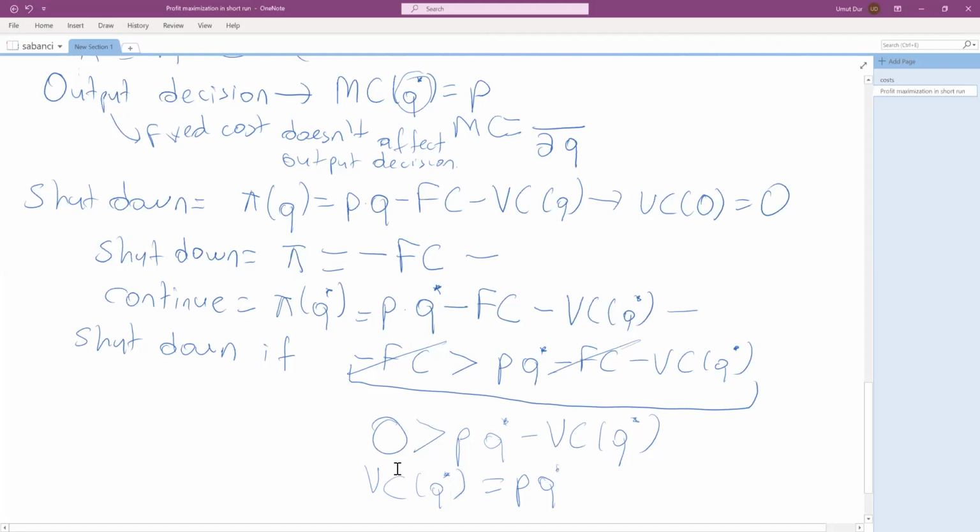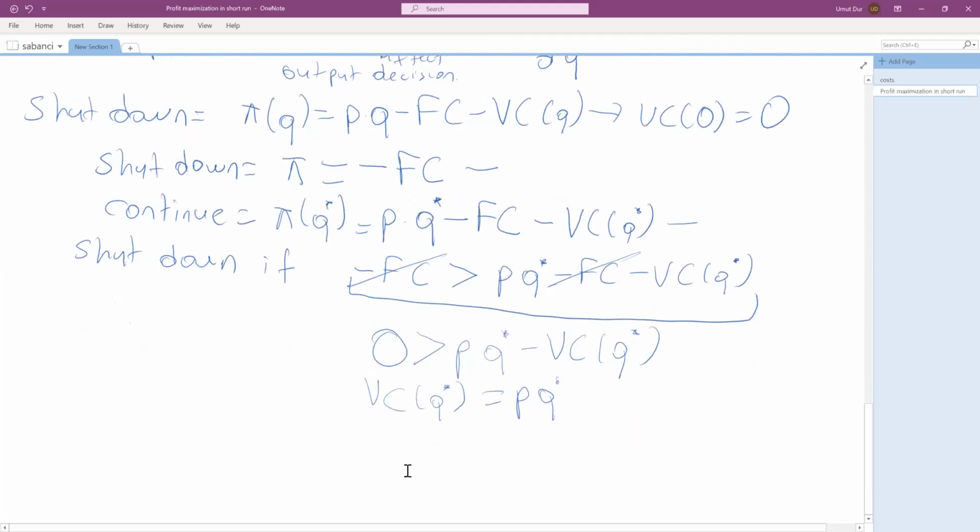If I divide both sides by Q star, what I have is average variable cost at Q star is greater than P. So if this is the case, then I shut down.